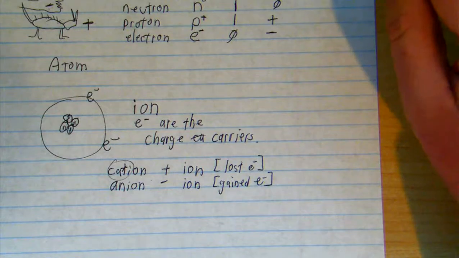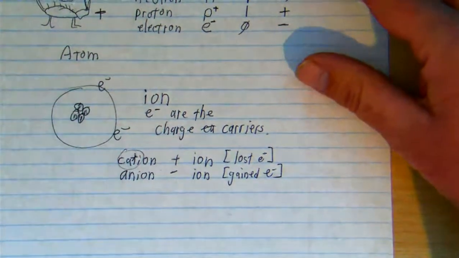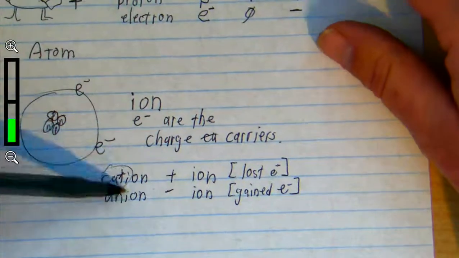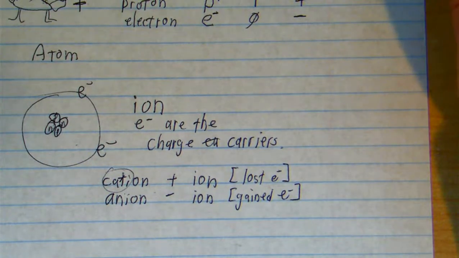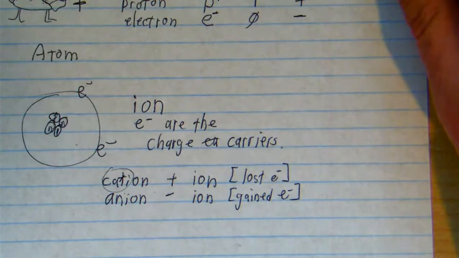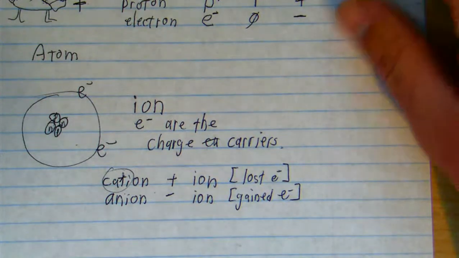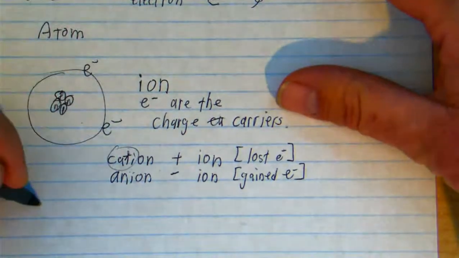Of course, this being a physics course, we can put numbers to how much electric charge there is. And the number that measures amount of electrical charge is called the coulomb.